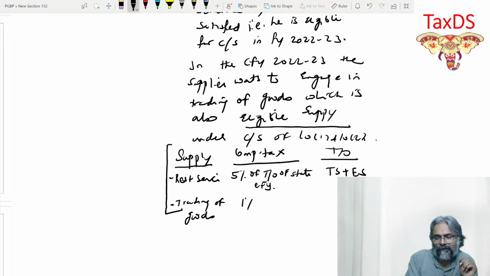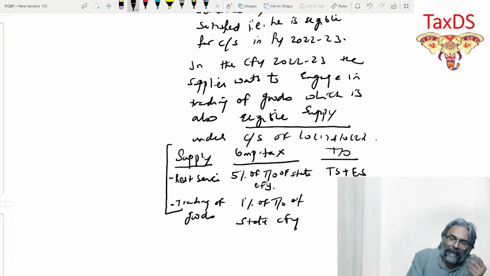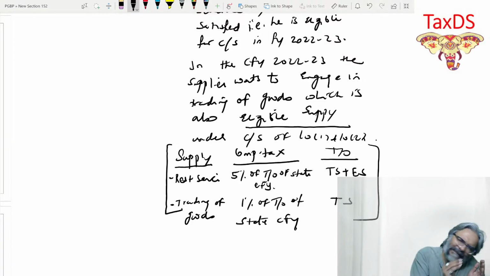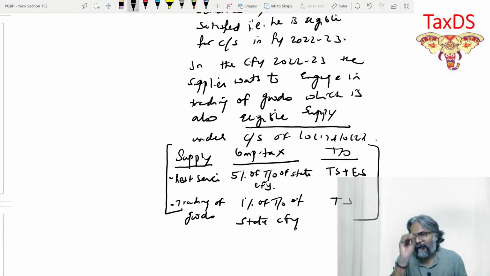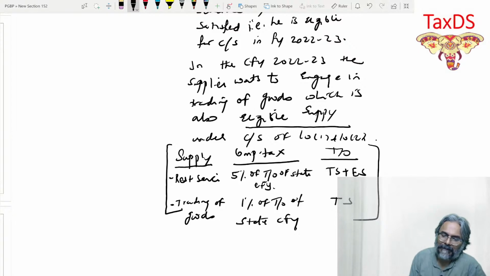How much is the composition tax? 1% of the turnover of the state of the current financial year. And what is the turnover that you're going to take? The taxable. Is that point clear to all of you? If they just give the data, there can be 10,000 silly mistakes in this.